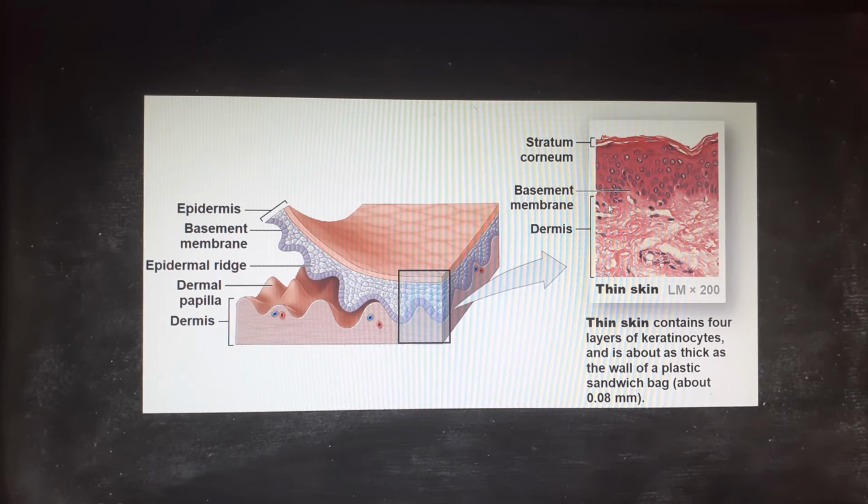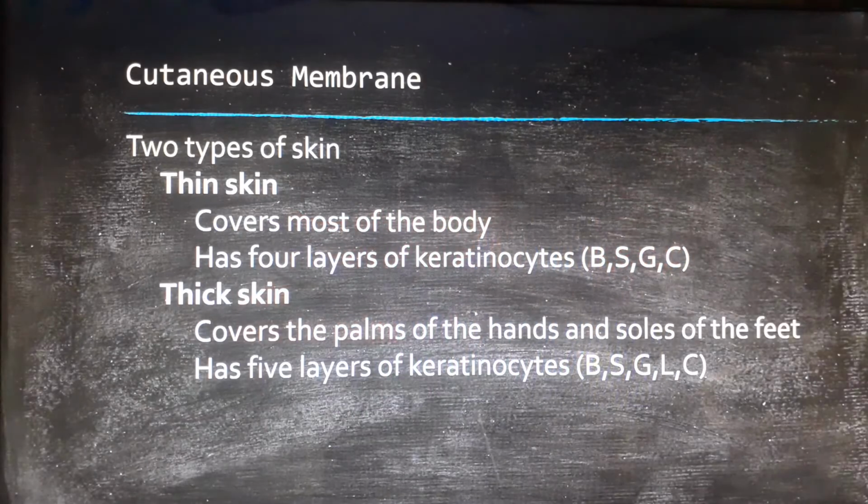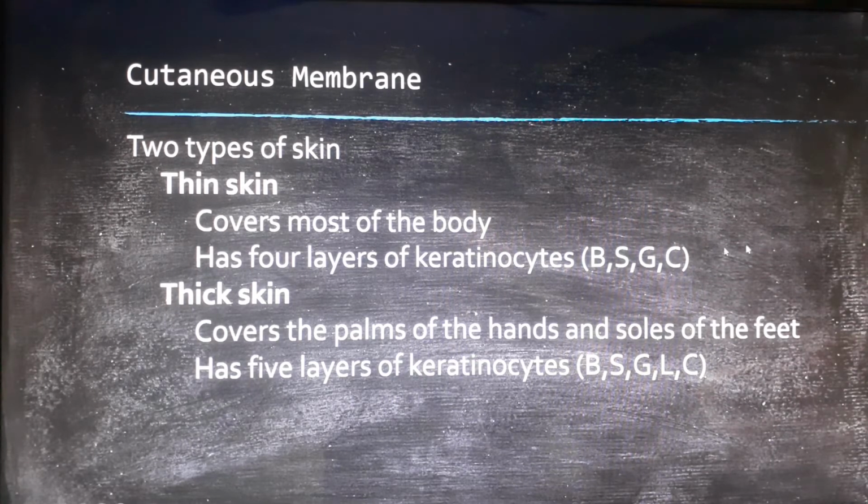There are 4 kinds of layers of cells in here, and we'll see those in just a minute. So thin skin, again, covers most of your body and has 4 different varieties or characteristics of keratinocytes. And these letters will make sense a little bit later in the PowerPoint, okay?